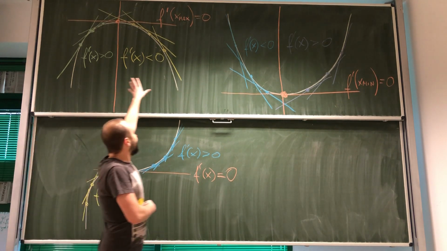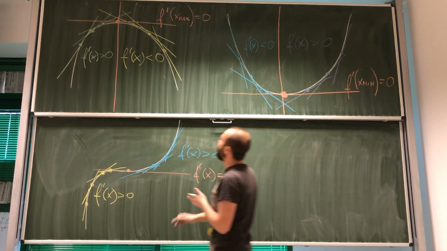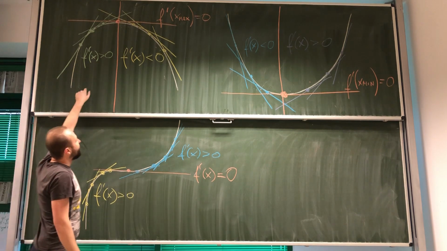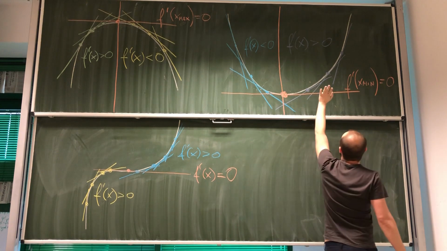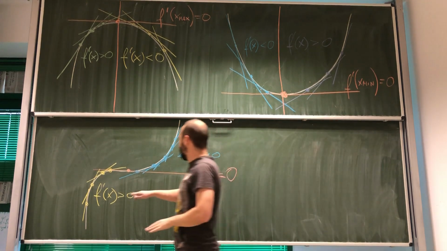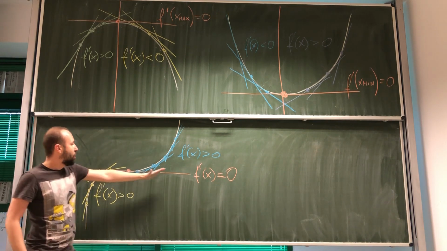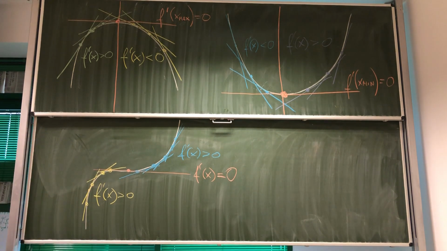Look, if we want to be sure that some point is a maximum or a minimum, then for a maximum, the derivative needs to change the sign from positive to negative. In case of a minimum, from negative to positive. But look, if the derivative is remaining the same sign on both sides of 0, this point is not a maximum, it's not a minimum.